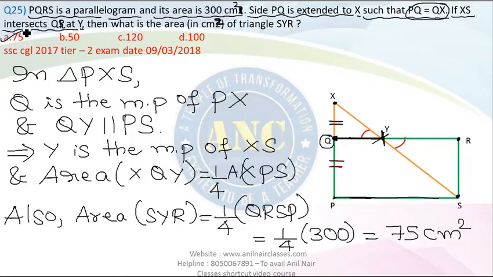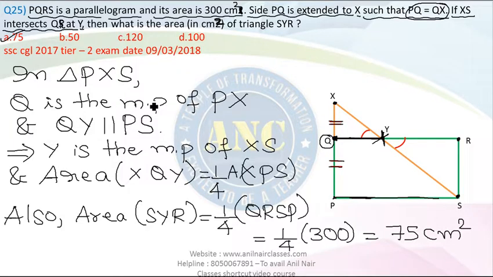I hope it is very clear. One last time I am explaining before moving on to the next problem. XQ is equal to PQ because Q is the midpoint, and I know that QY is parallel to PS.